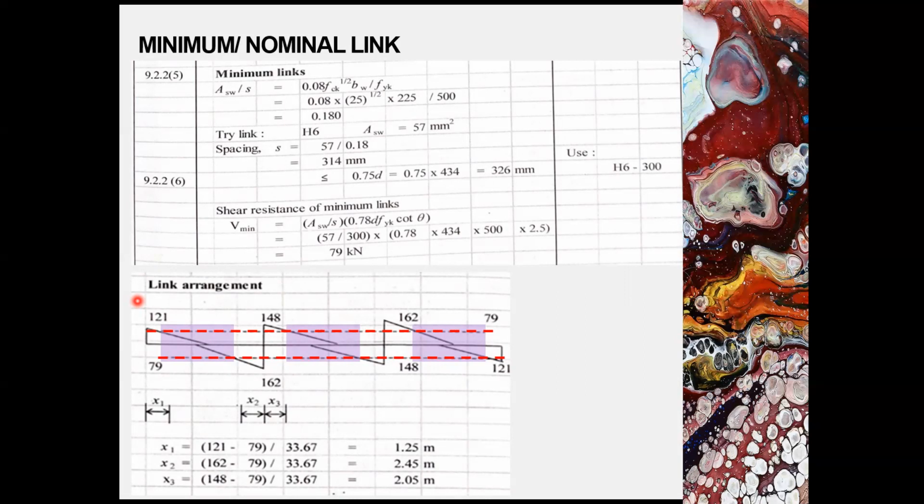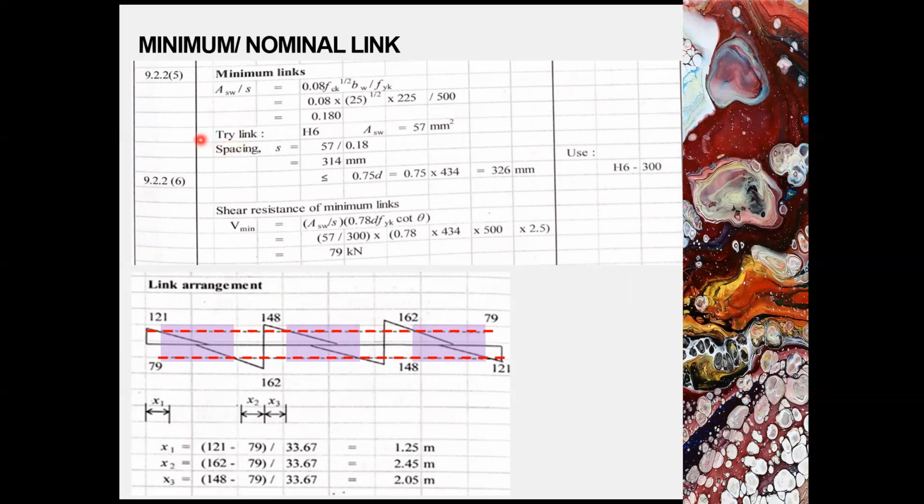Here I show you how to determine the minimum or nominal link. So nominal link or minimum links will be provided in this shaded area. Minimum links can be obtained through these equations. These equations will require the fck, bw, and fyk. fck and fyk are the characteristic strength for the concrete and the link respectively. bw will be the width of the web.